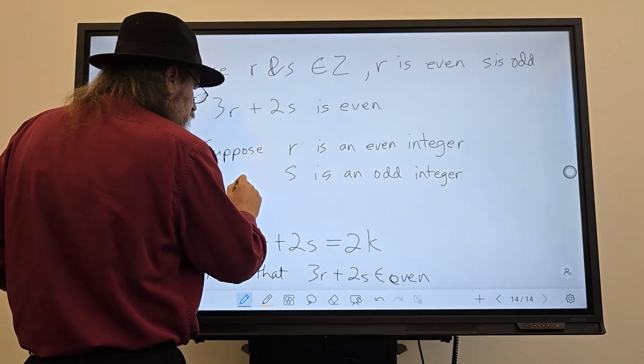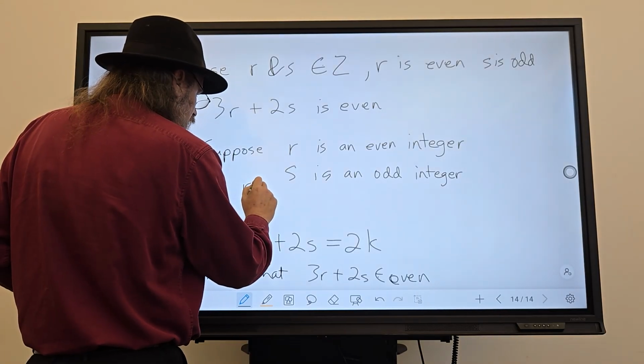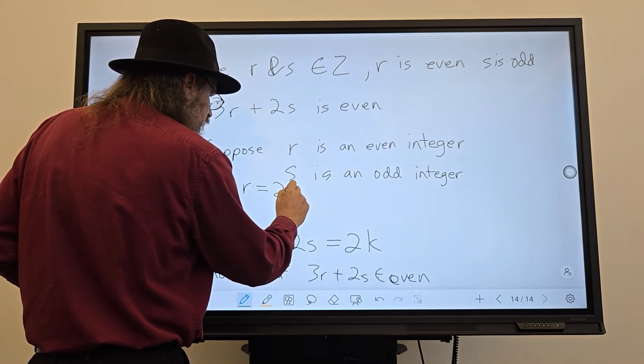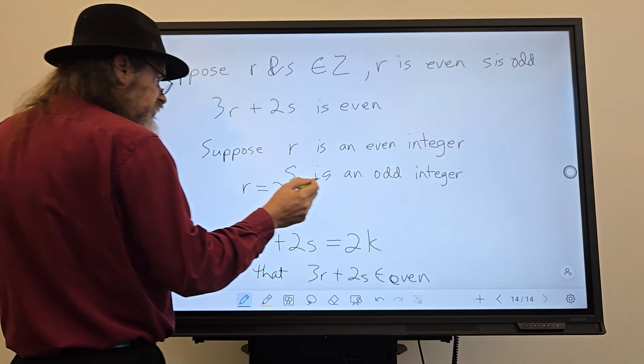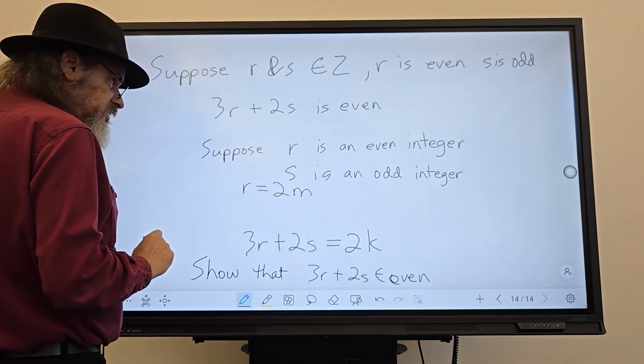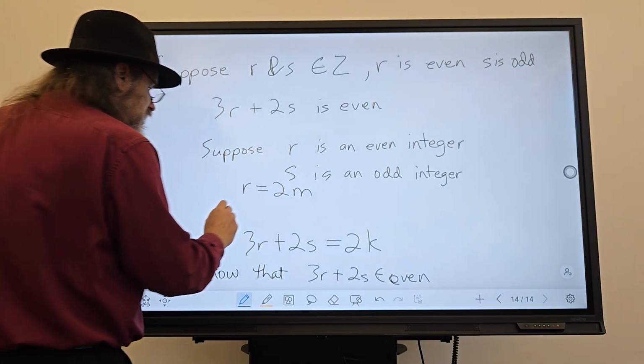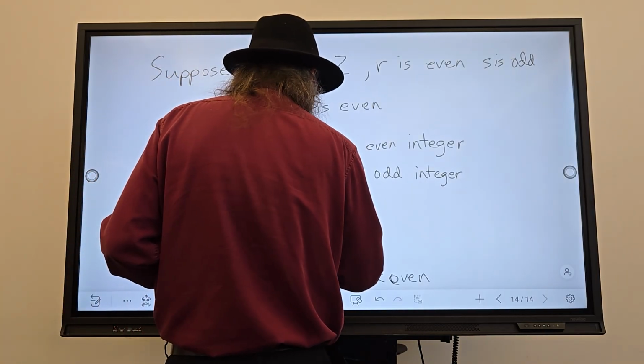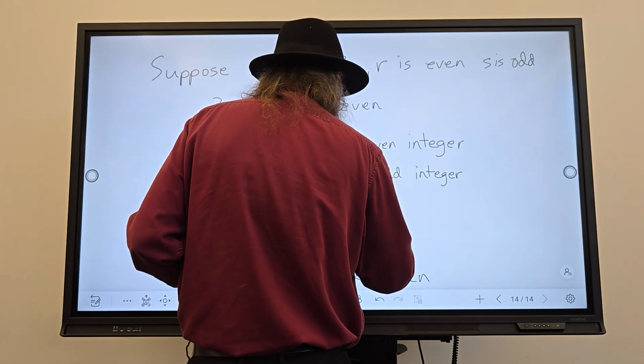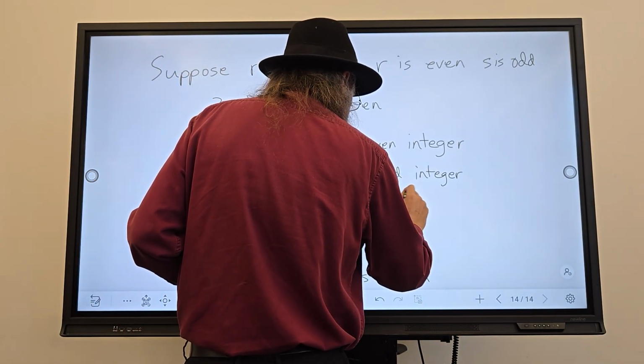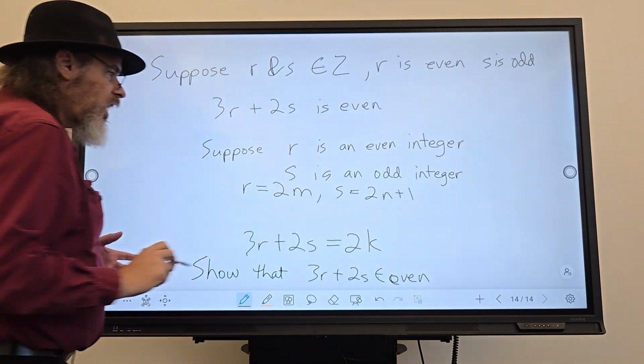What do you know here? You know that R equals 2m because R is even, and S equals 2n plus 1 because S is odd.